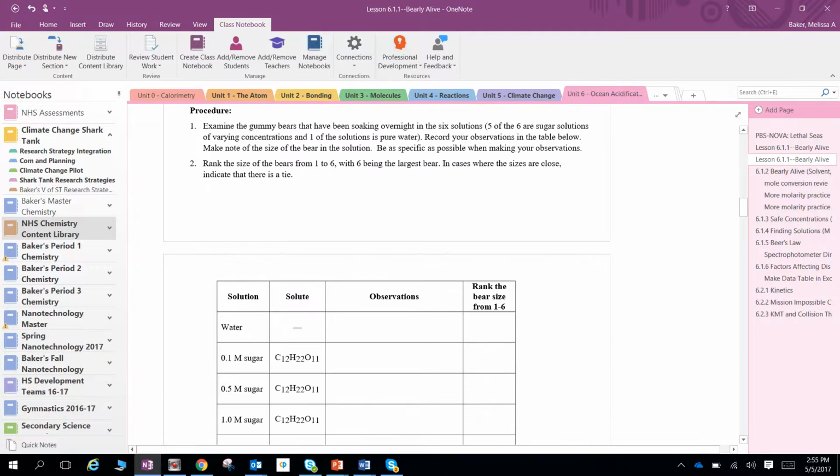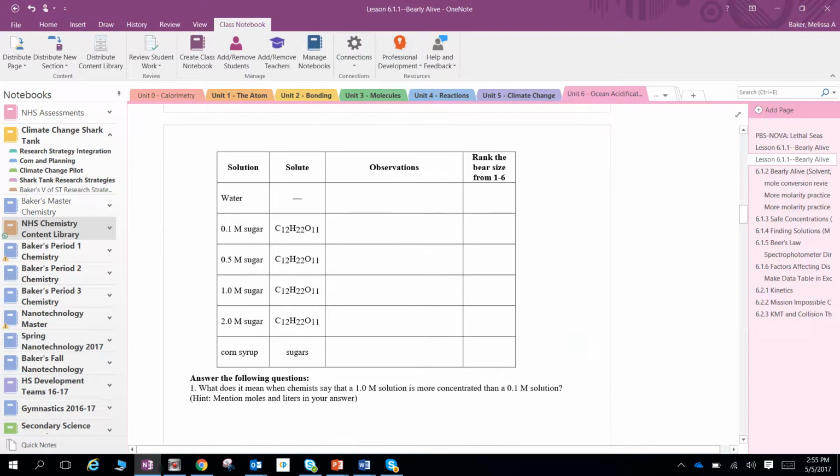Okay, so then we did a little activity where we looked at some gummy bears that have been soaking in some different solutions. We had pure water, 0.1 moles per liter sugar, 0.5 moles per liter sugar, 1 mole per liter sugar, 2 moles per liter sugar, and corn syrup, which is higher than 2.0 molar sugar.